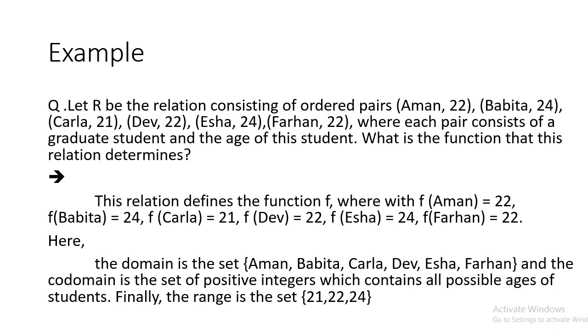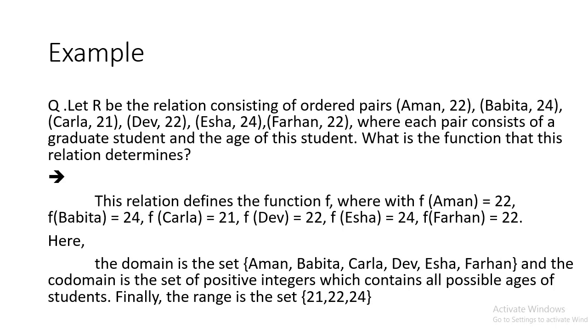What is the function that this relation determines? The relation R contains ordered pairs: the name of the graduate student and their corresponding age, like Aman 22, Babita 24. So we have to define a function that determines a relation between them.